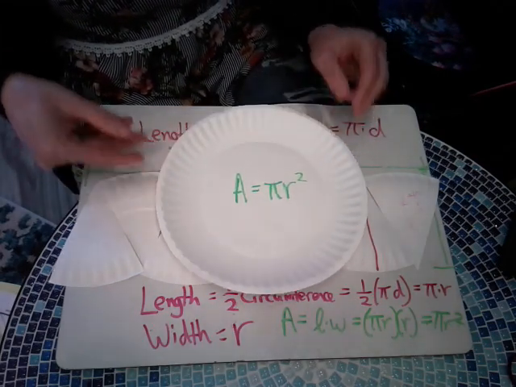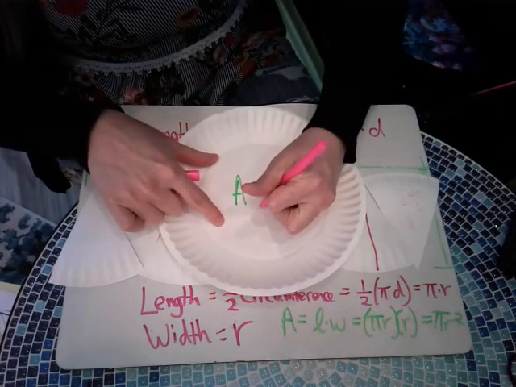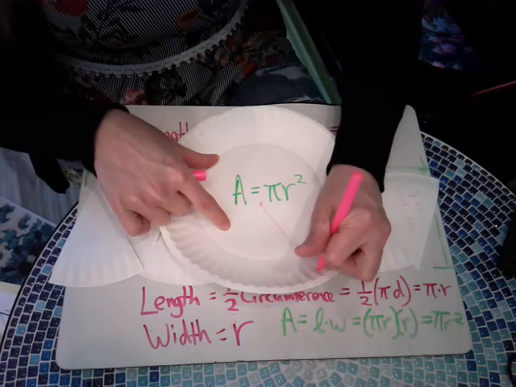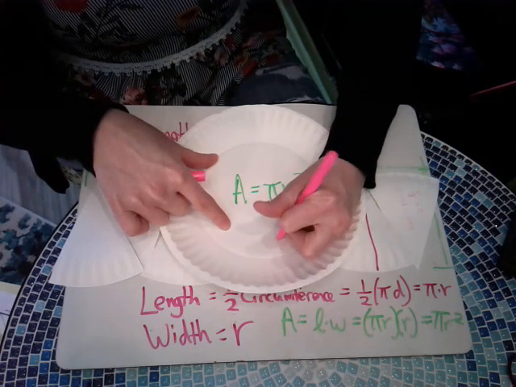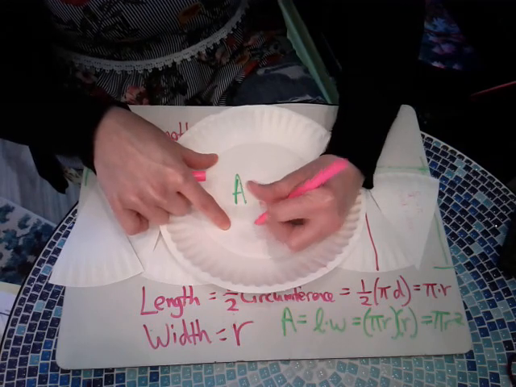So if I told you that the radius of this circle, here's the middle of the circle, is 3, I don't know, miles.